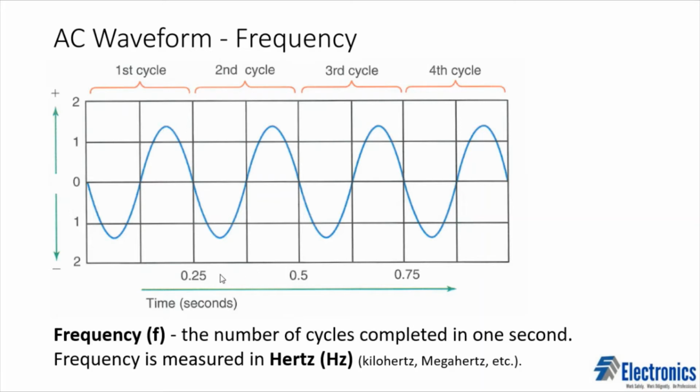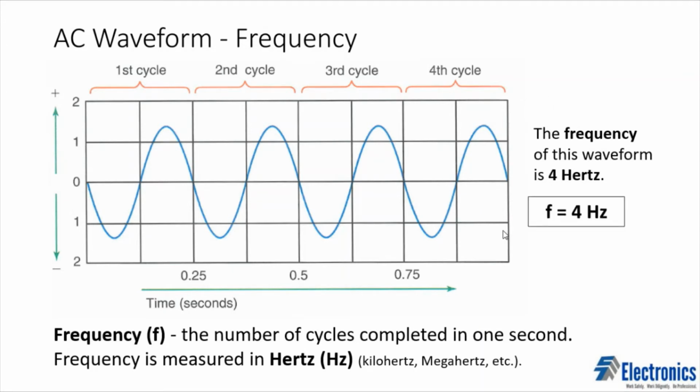You can see we have 0.25 seconds, 0.5 seconds, 0.75 seconds, and this would be 1 second right here at the end. So that's 4 cycles in one second. So the frequency of this waveform is 4 hertz.